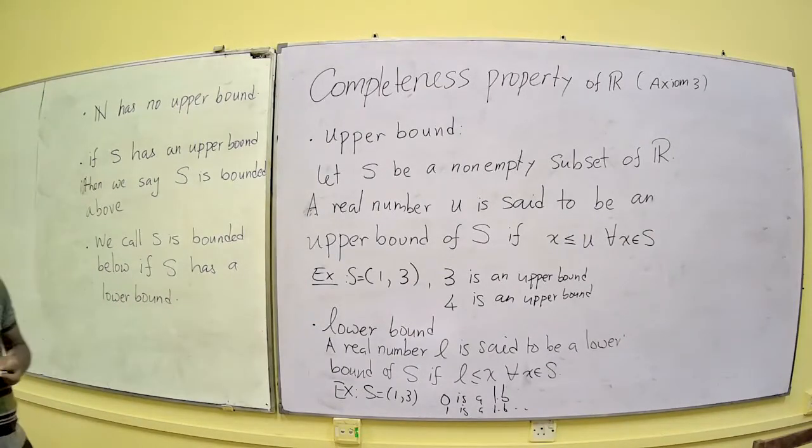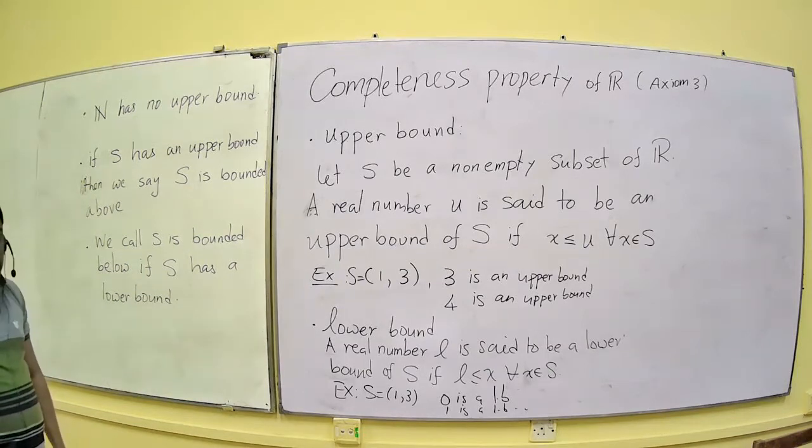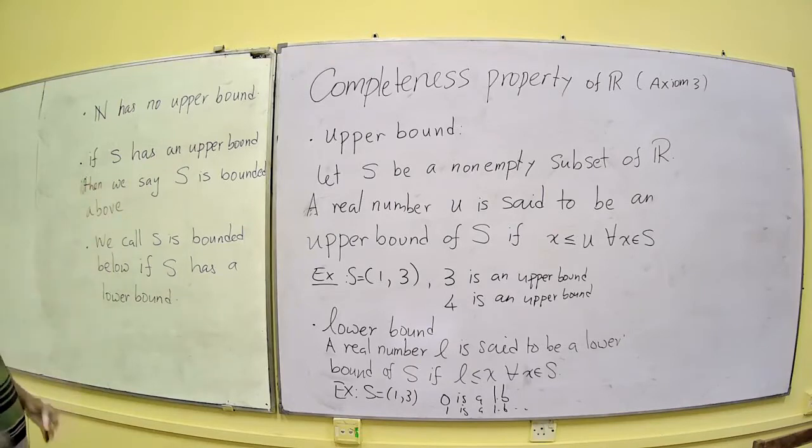So if S has an upper bound, then we say that S is bounded above. If S has a lower bound, then we say that it is bounded below. If it does not have an upper bound, then we say unbounded above, and if it does not have a lower bound, we say it is unbounded below.